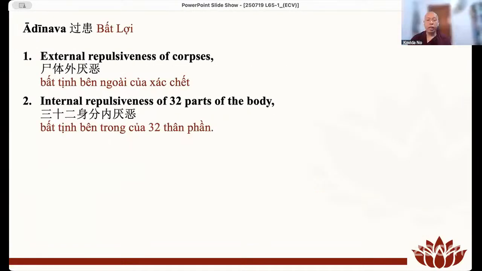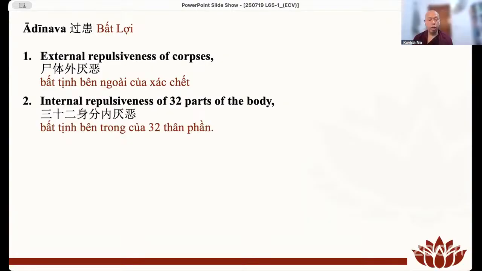So one more thing here, right? Asubha means repulsiveness, the external repulsiveness of things and the internal body parts. They are called so in the Buddha's teaching.